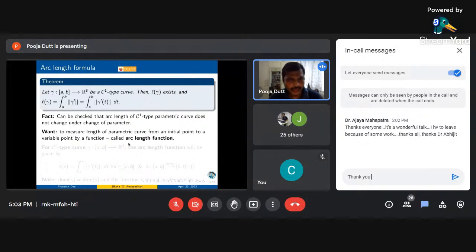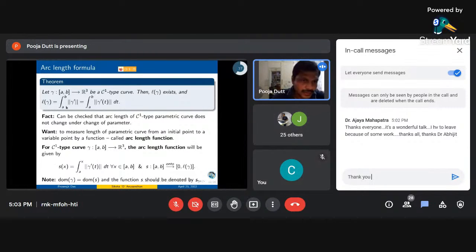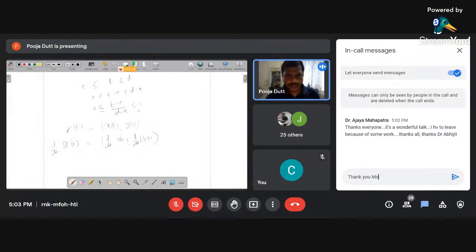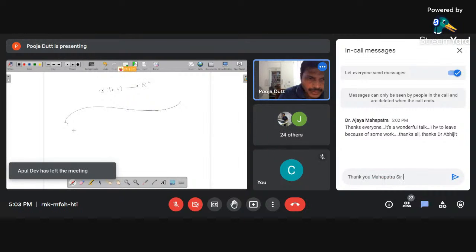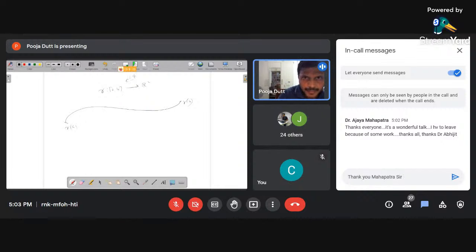Now what we want is a process. Let me go to the board. We do not want to measure just the whole curve. So this is the curve gamma from the interval AB to, suppose, R2. This point is gamma A, this point is gamma B, and suppose this is C1 type.